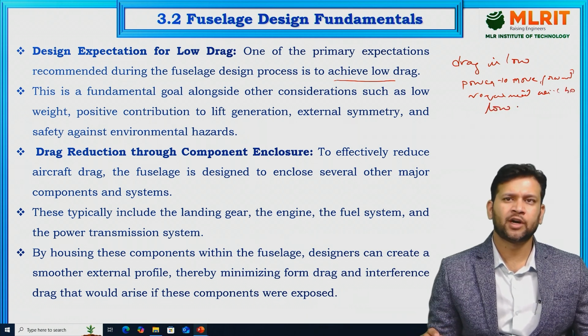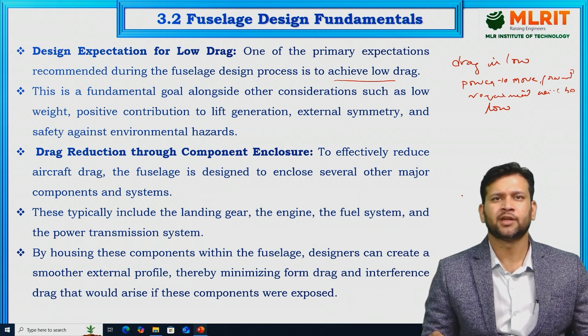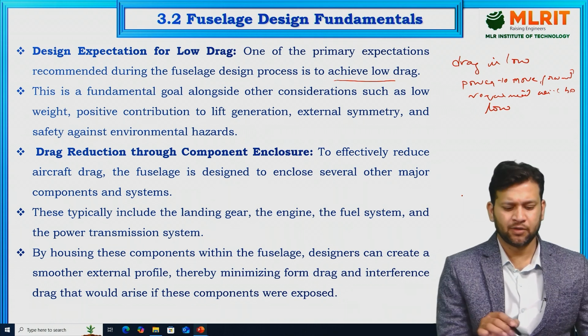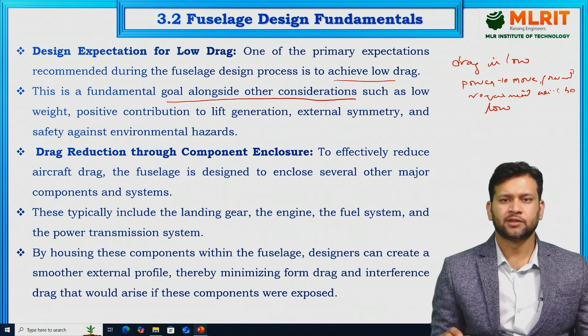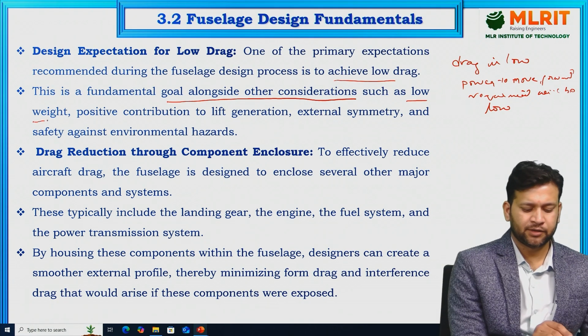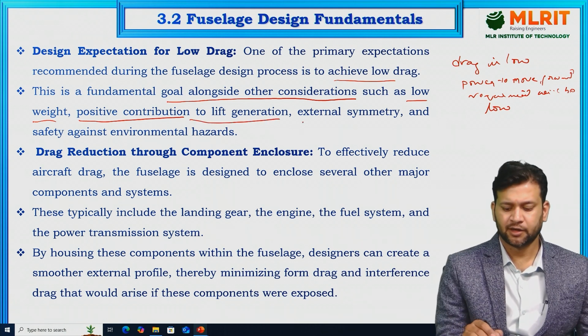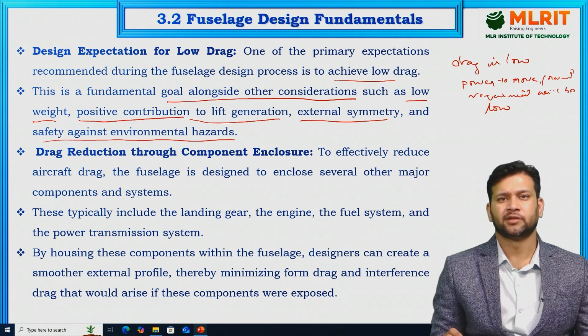As there is more drag, more power is required. As the drag minimizes, there is less power requirement, which leads to an efficient flight. This is a fundamental goal alongside other considerations such as low weight, positive contribution to the lift generation, external symmetry, and safety against environmental hazards.